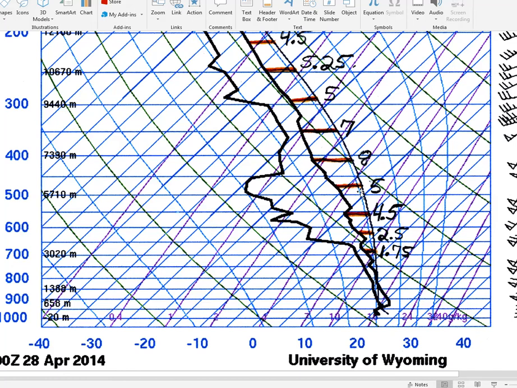The parcel temperature always needs to be warmer for the atmosphere to be unstable, and your environmental temperature, of course, cooler. So you'll subtract the environmental temperature from the theoretical parcel temperature, and that'll give you your lifted index. Okay, so just do that.